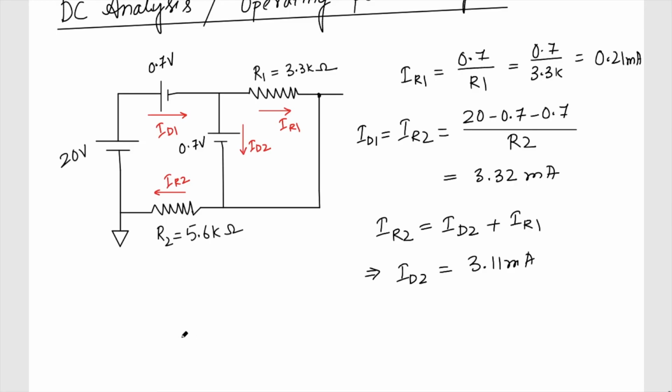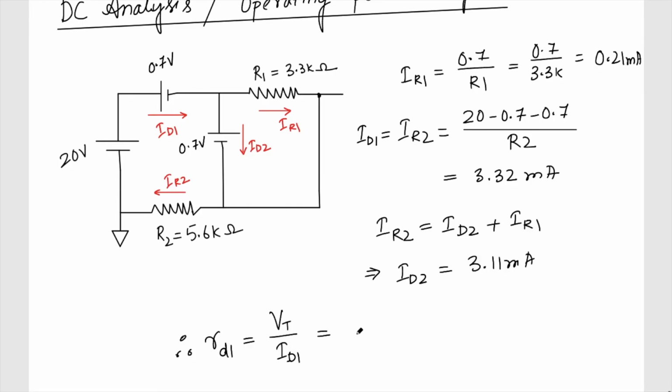So therefore the resistance offered by this first diode, which is RD1, is equal to VT by ID1. This is the resistance offered by this first diode to the small signals.